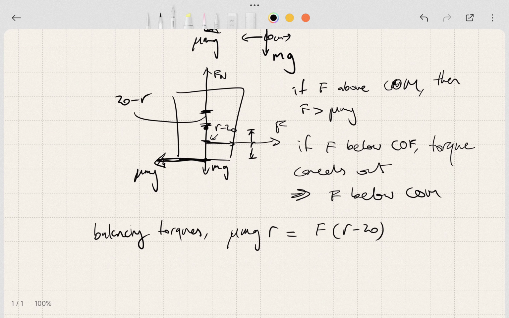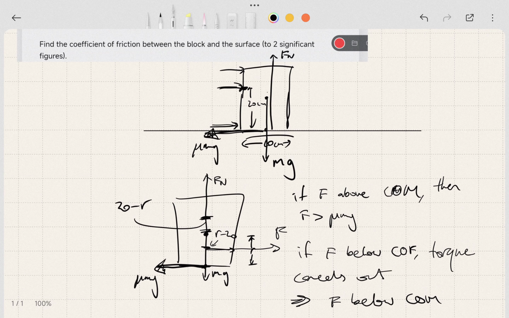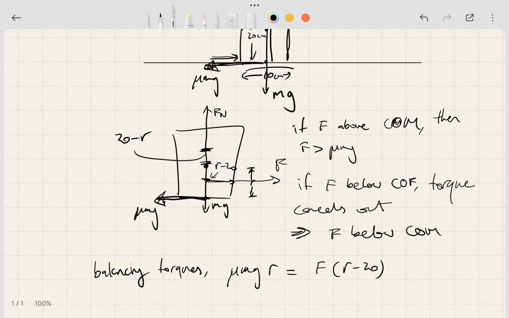Do we need to know the fact that this is 10 centimeters here? I'm not sure. Let's have a think. So we've got 5 centimeters here, 5 centimeters there.